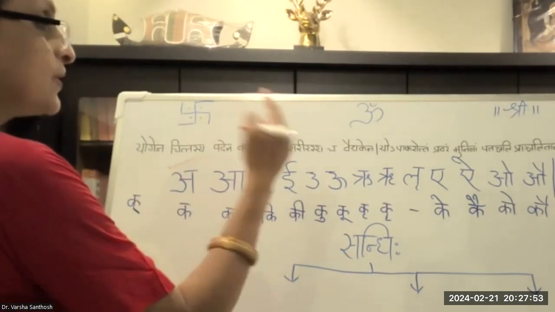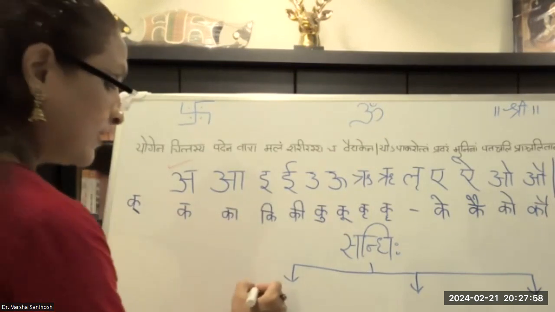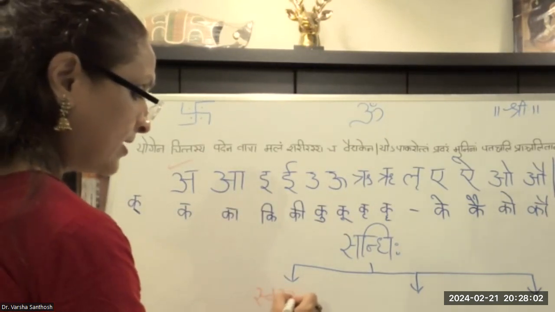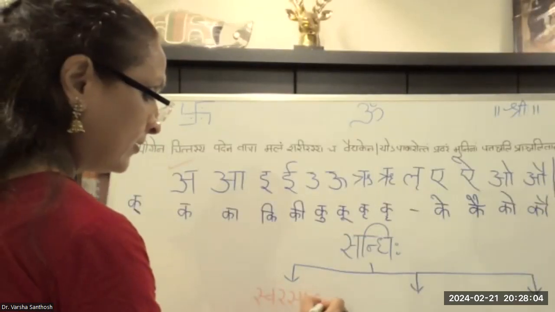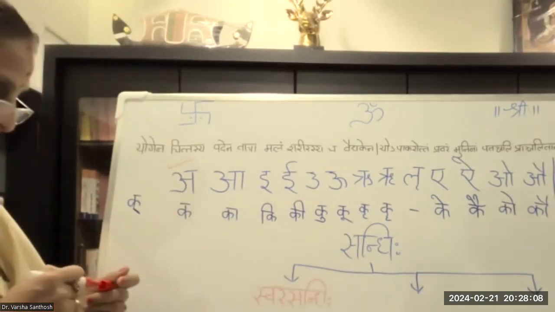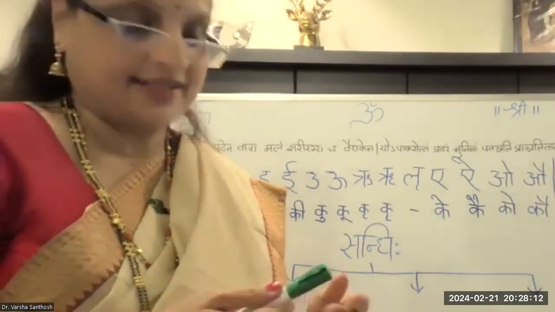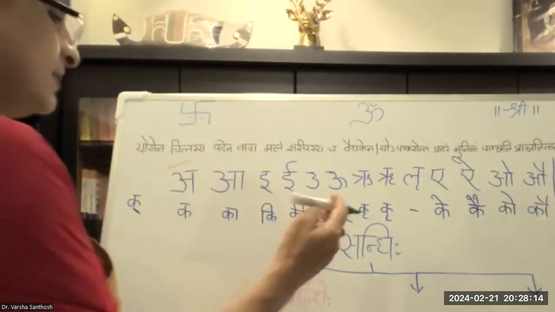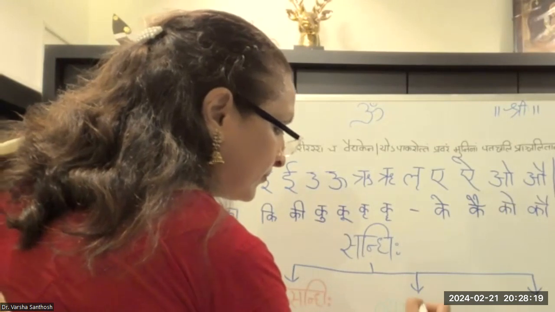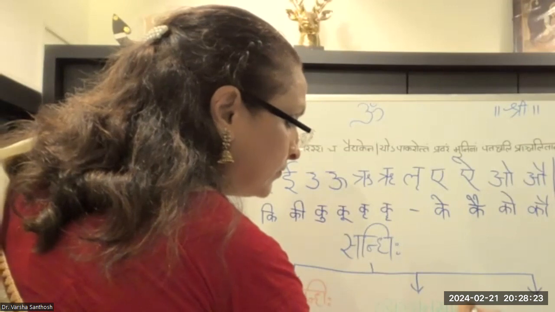When one swara is joining with the other swara, that will be called swara sandhi. When a vyanjana is included, then it will be called vyanjana sandhi, when a consonant is involved.